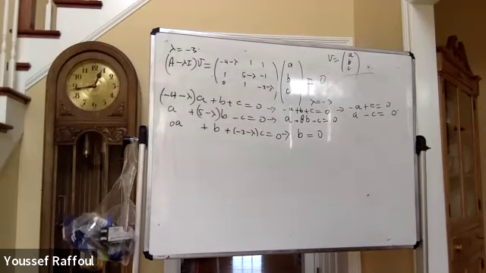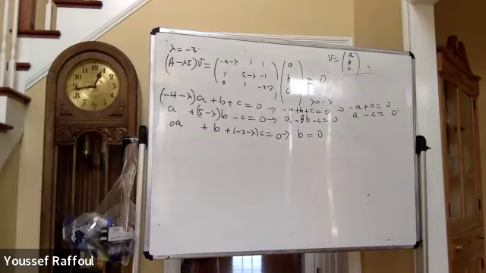B equals 0. Let's see. -A + B + C = 0. So I got B equals 0. So let's see. Do I have any issue here?